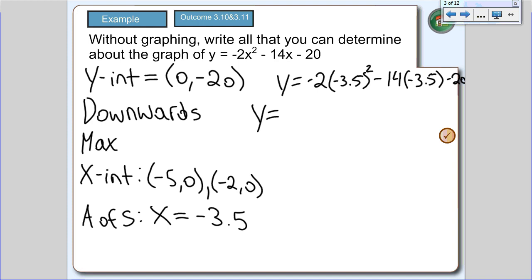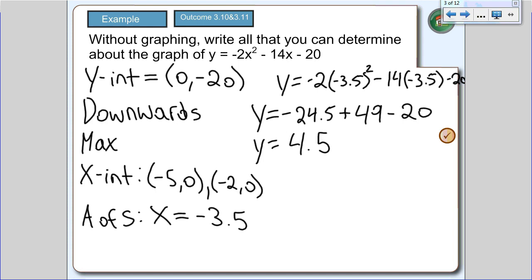We have -24.5 plus 49 minus 20. Your y value is equal to... So the vertex is at negative 3.5, comma 4.5.